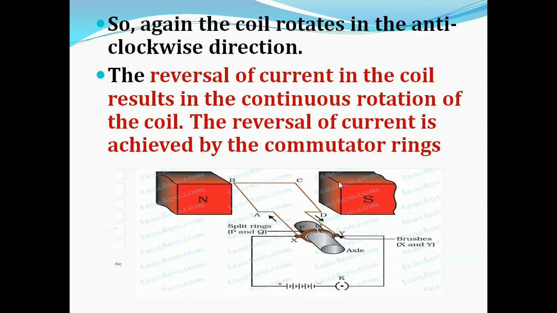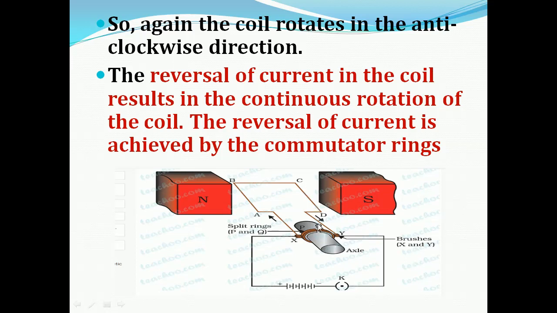Thus the arm AB of the coil, which at the beginning is pushed down, is pushed up when there is a reversal of current, and the arm CD, previously pushed up, is now pushed down.